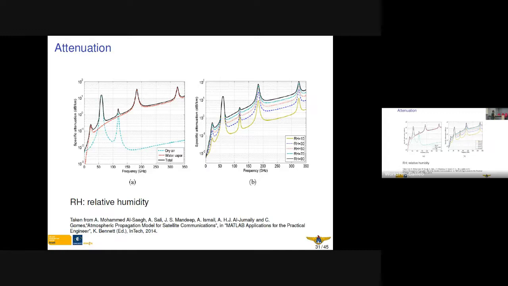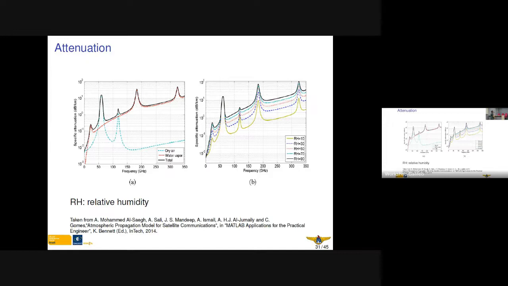The dry air attenuation, given in the dashed blue or magenta line, has a maximum at around 60 gigahertz, and another one at 120. Above that frequency, the dry delay is much smaller than below 150 gigahertz.